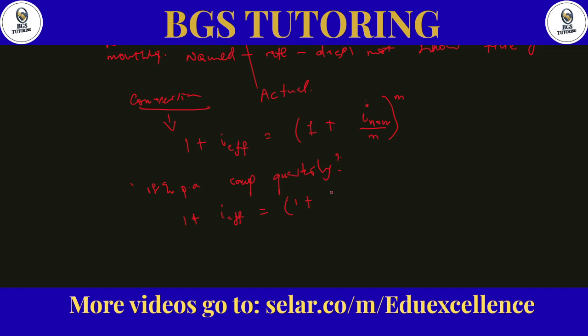Then they said compounded what? Quarterly, so I'm going to divide by 4 and raise it to the power of 4. So basically that is what I'm doing when it comes to the conversion. If you perform your calculations, you realize that your I effective is equal to 19.25%.